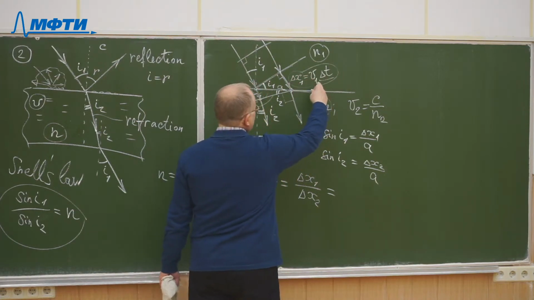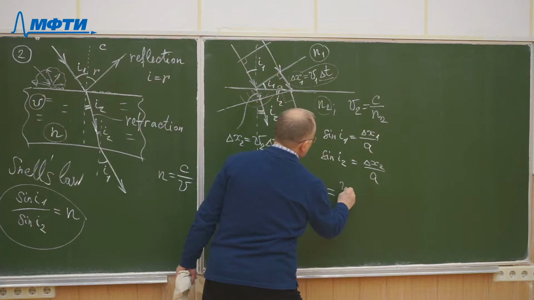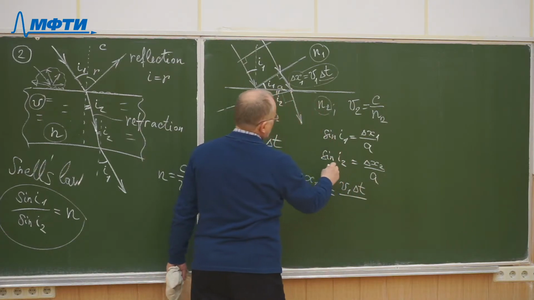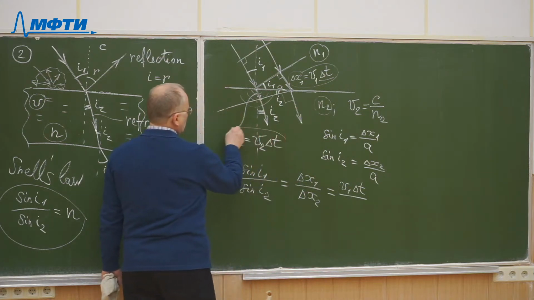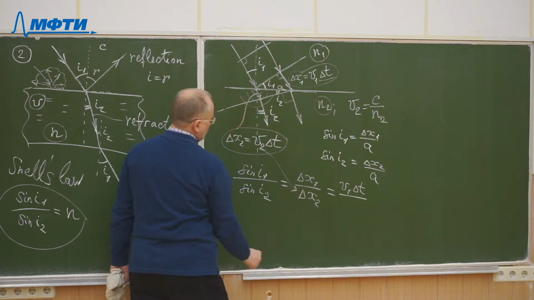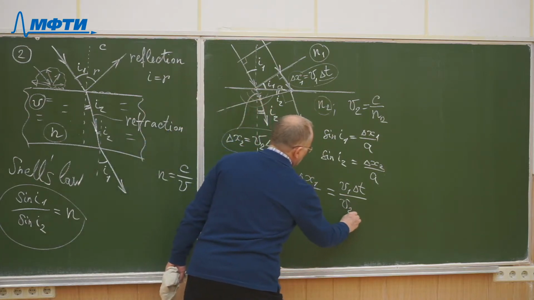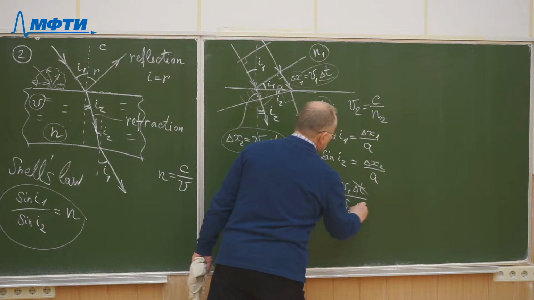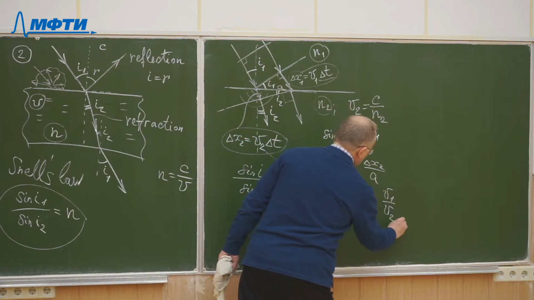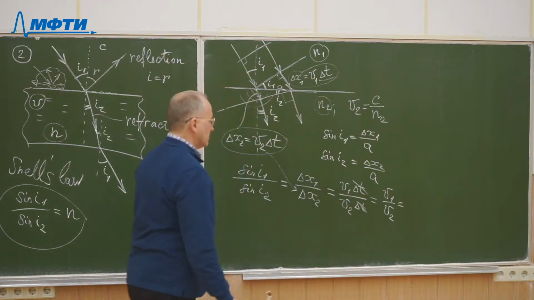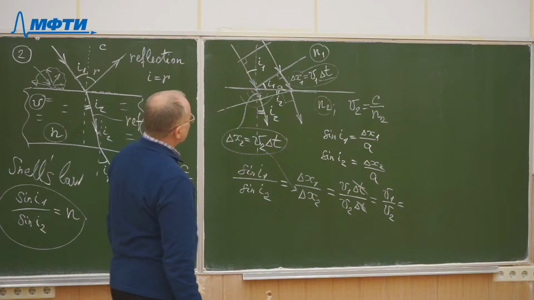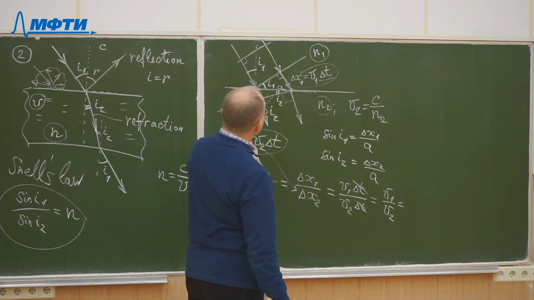We substitute this expression here, and we obtain v1 delta t. And for delta x2, we substitute this expression here, and we obtain v2 delta t. Delta t will cancel, and we obtain v1 divided by v2. The relationship between the velocities of light in the two media.